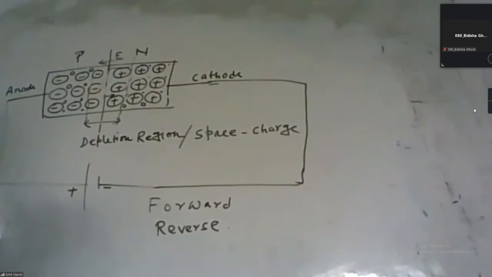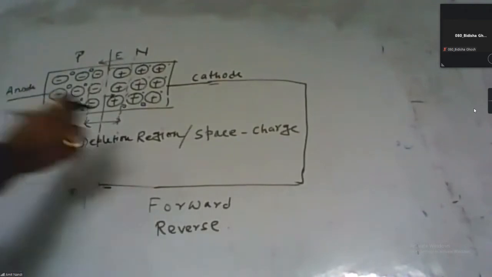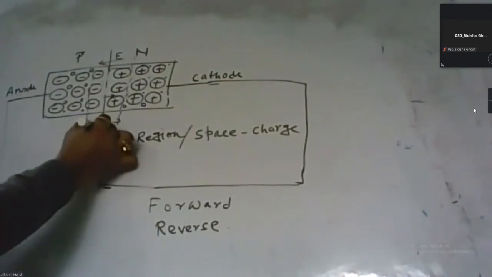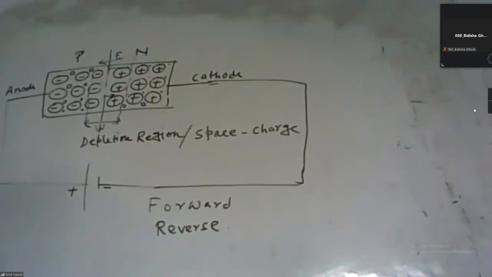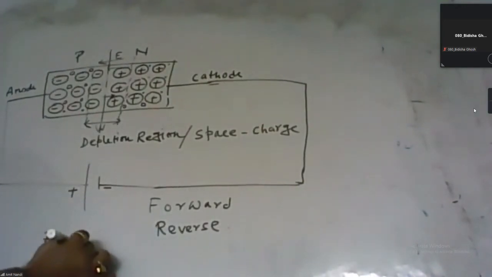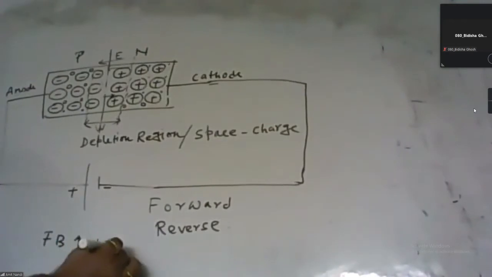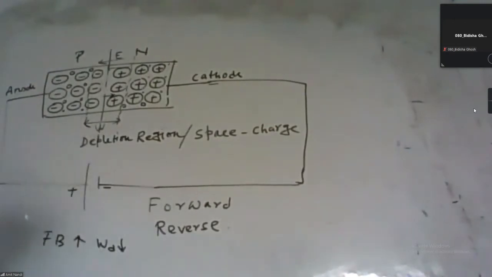Then the width of the depletion region is reduced. If we do the forward biasing, then obviously the width of the depletion region will be reduced.